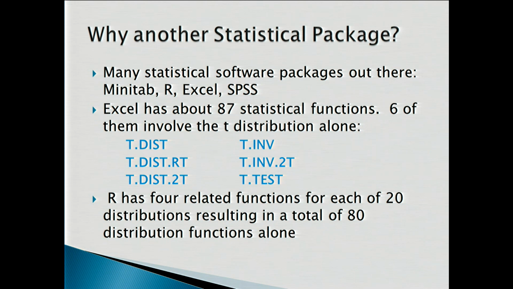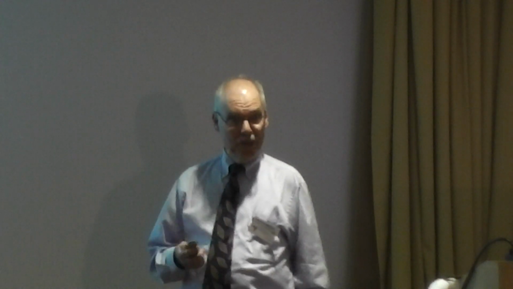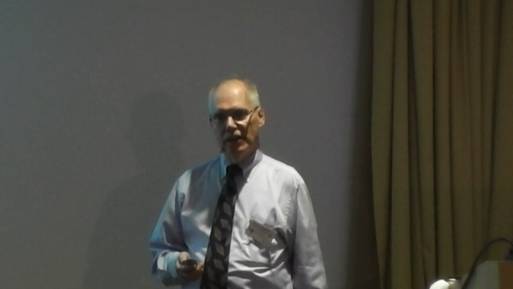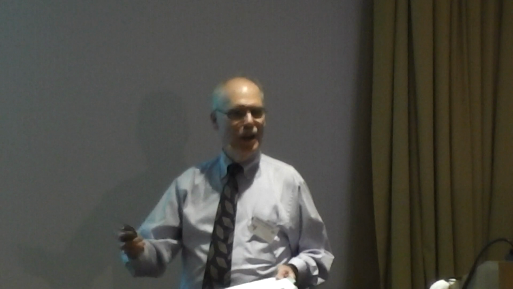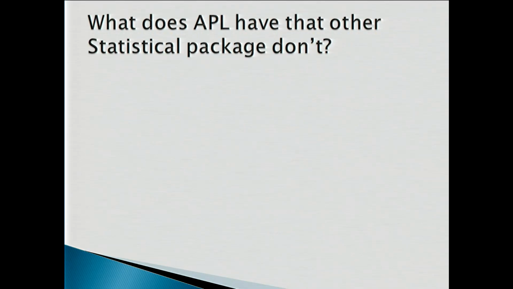So the idea for taming statistics is to reduce the number of functions. APL is pretty good at that, because if you look at, for instance, inner product, you can do plus dot times or and dot equals. You can do lots of different things with a lot of constructions in APL. What does APL have that other statistical packages don't?